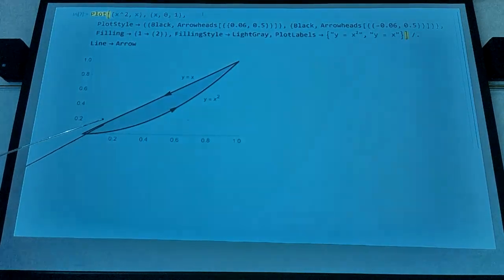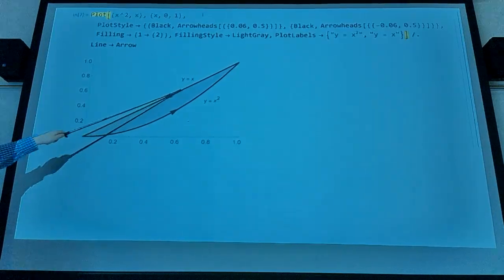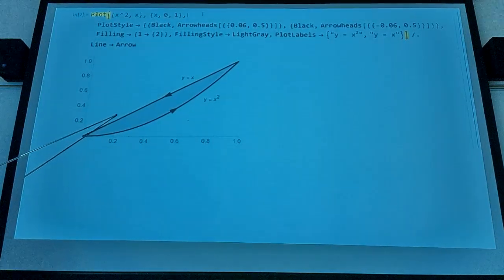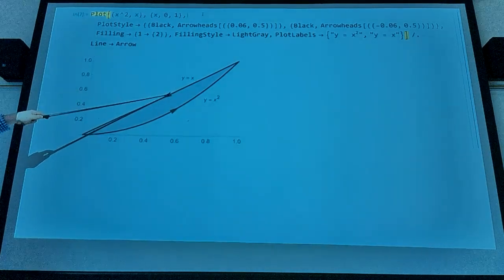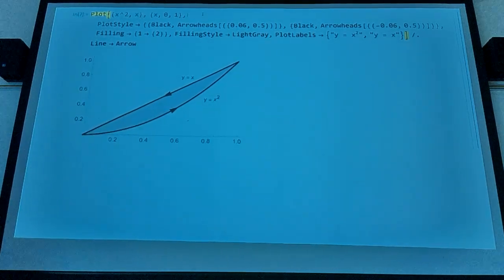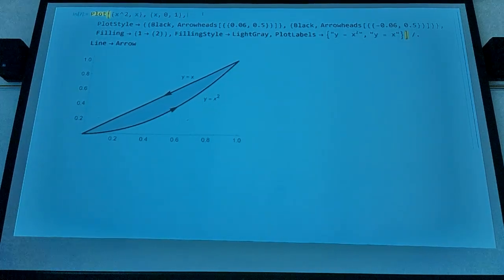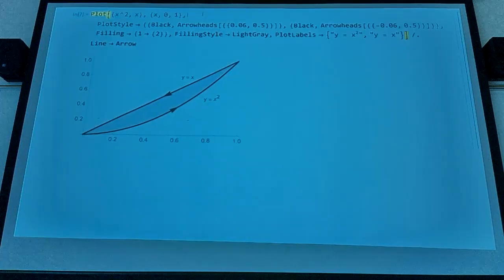Normally, y equals x has a direction along this way, right? But that's not counterclockwise. So I have to switch the direction, so I just put a minus in front. This is our region, along with its boundary.